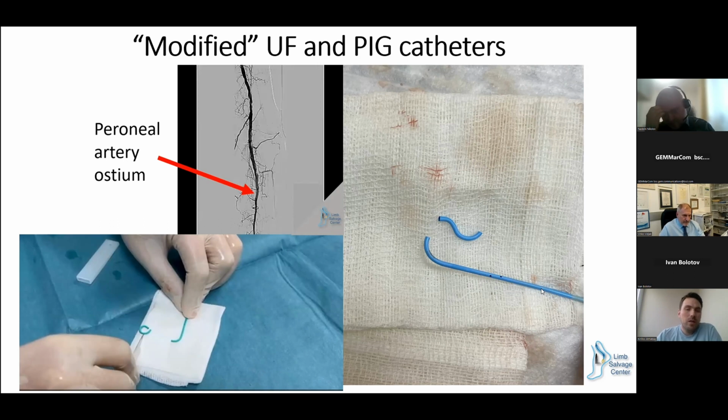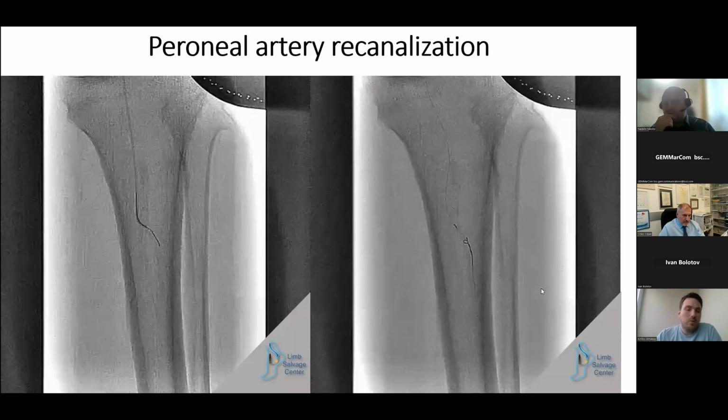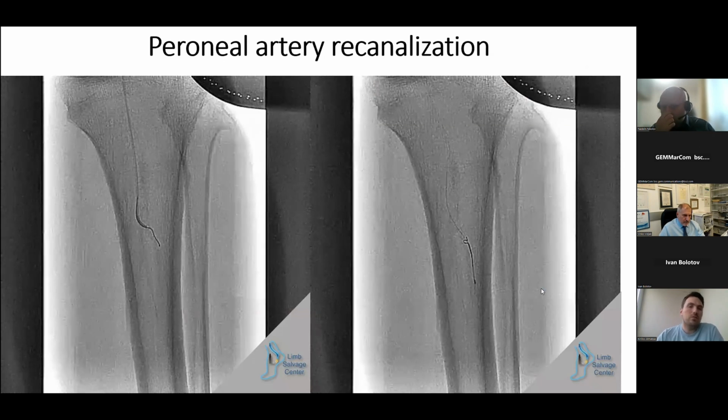We cut them, as you see in the photo. This geometry allows us to catch the ostium much easier and gives much better support to recanalize the proximal part of the artery, and then we change the catheter to an over-the-wire balloon and continue the recanalization.